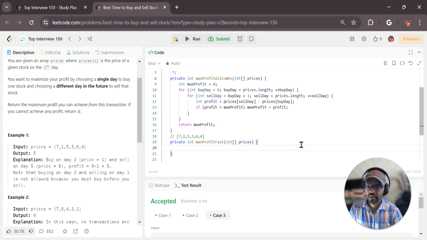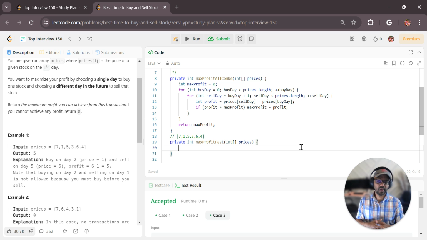prices. And the approach is as follows: we scan through all the prices, and initially we say our buy price is the first day's price, which is 7, and then we go to the next day and we see, is the price on that day bigger than 7? If it is, then we potentially have a transaction that can make us profit.